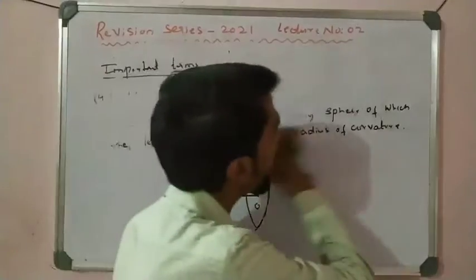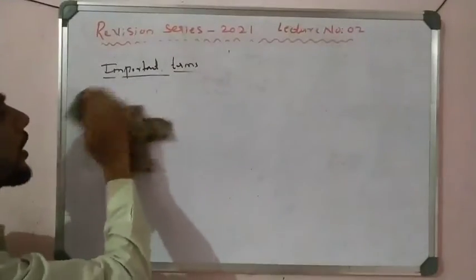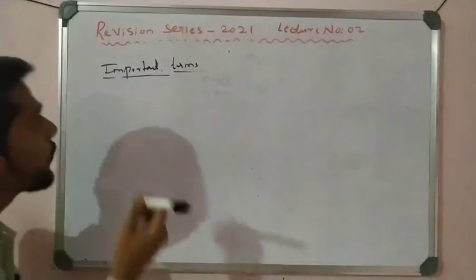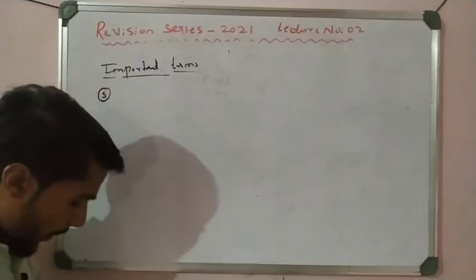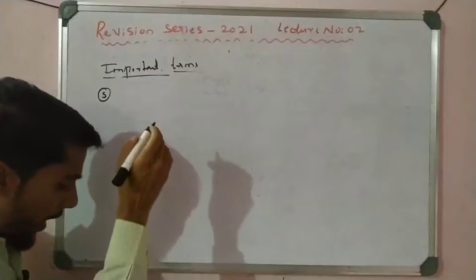Now let us see another very important term, that is the fifth one here, students, that is called focal length of the lens.